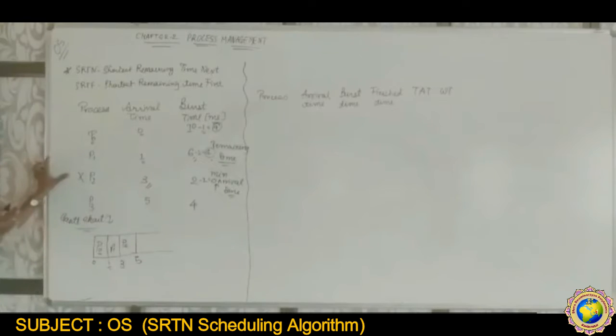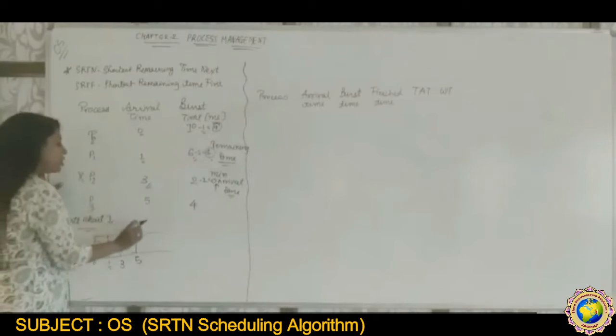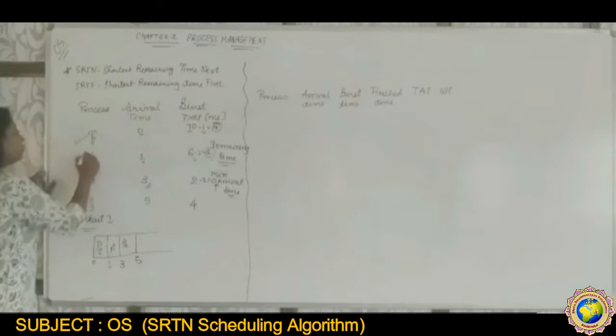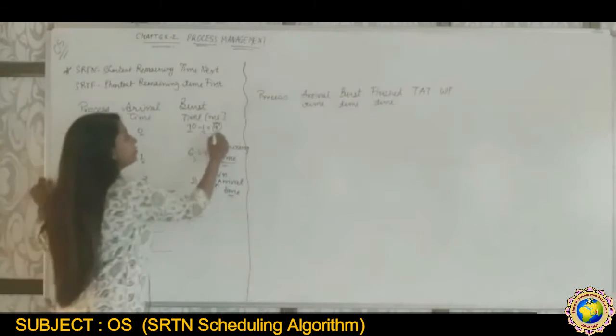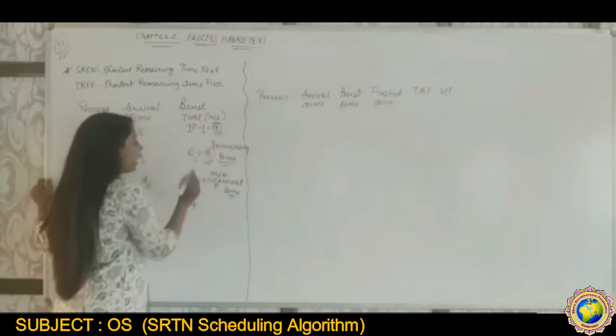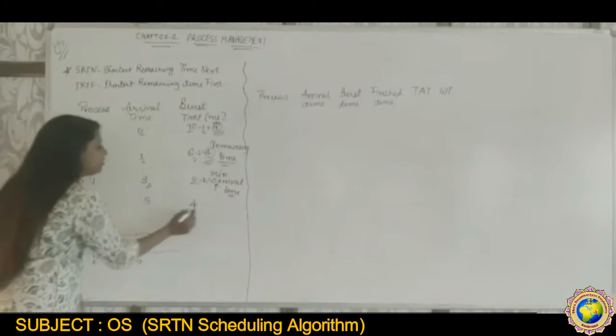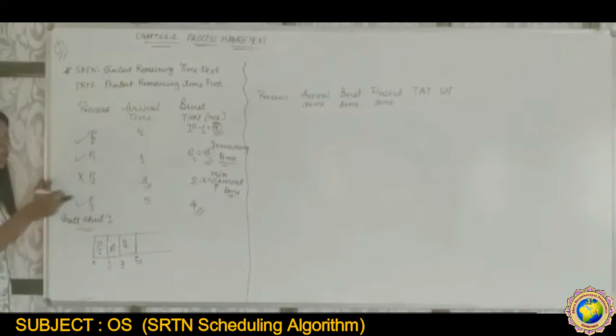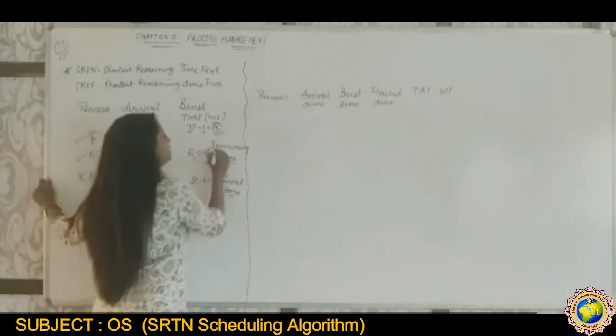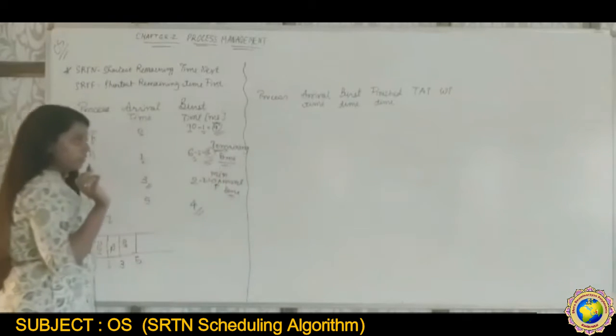Next, the remaining processes are P0, P1 and P3. So in SRTN we have to consider the remaining times 9, 4, and the execution time of P3, which is also 4. So what we have to do is consider the remaining time first.